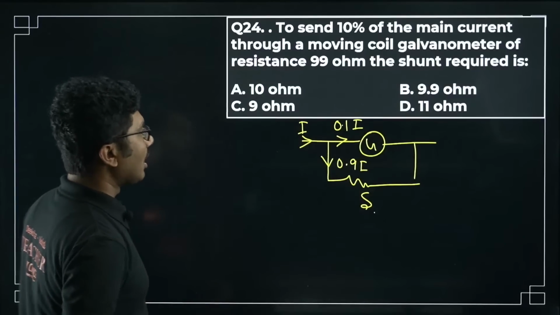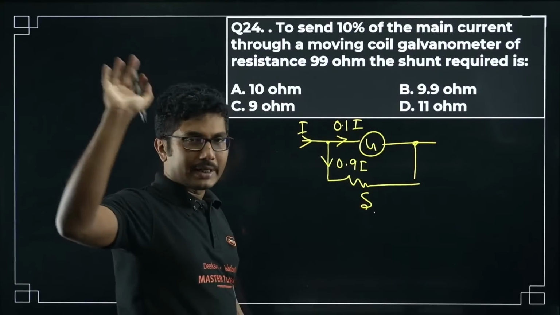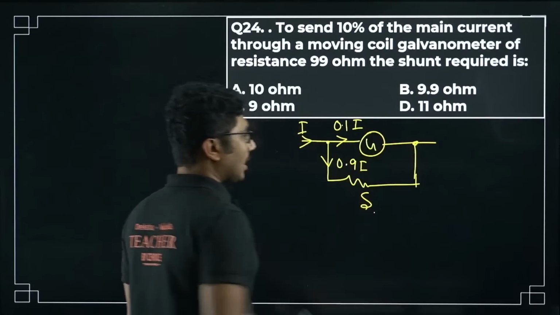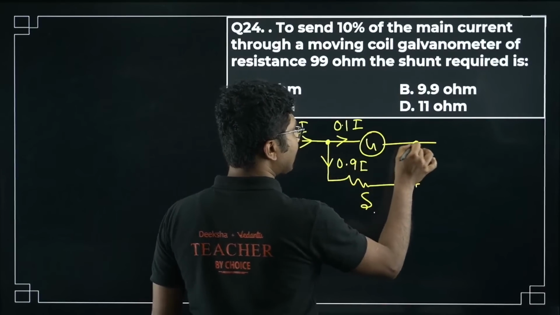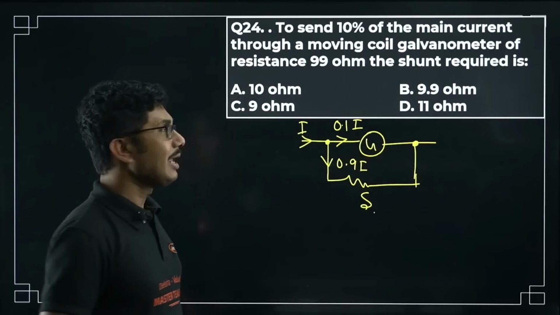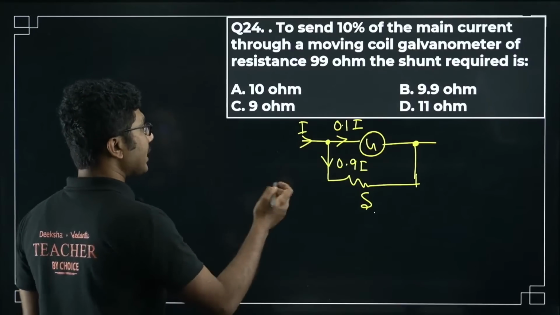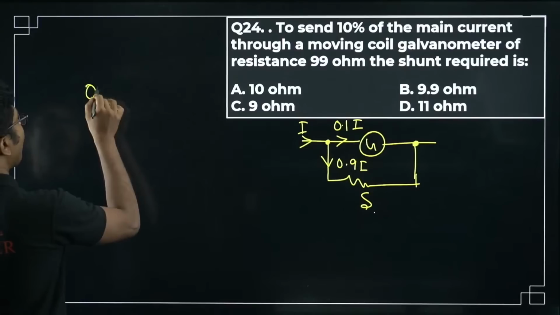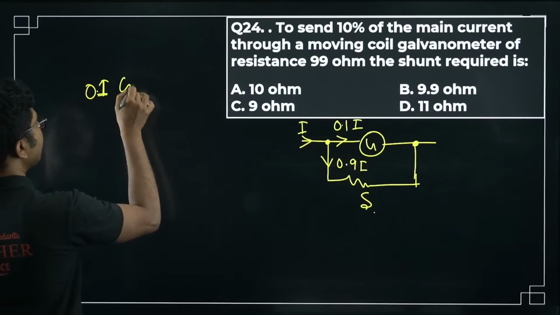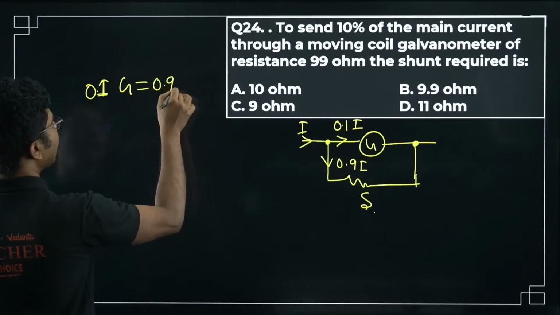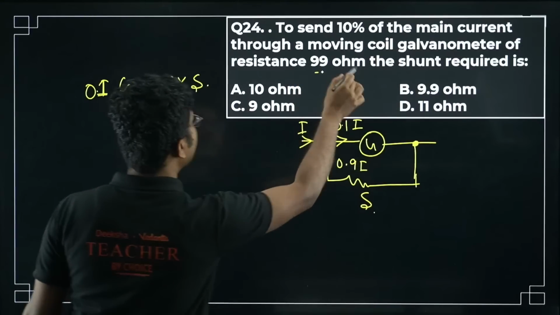Now remember, you don't need to remember any formulas. To solve it, you have to remember that the shunt is basically connected in parallel, and in a parallel combination the voltage remains constant. So 0.1 into G is equal to 0.9 into shunt resistance S. Now G value is given as 99 ohm.